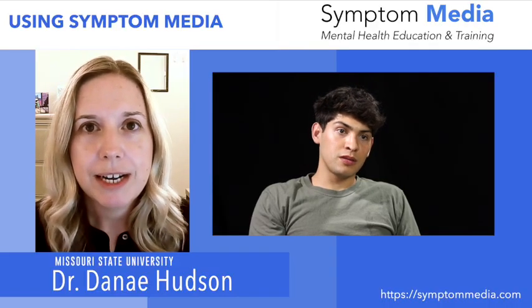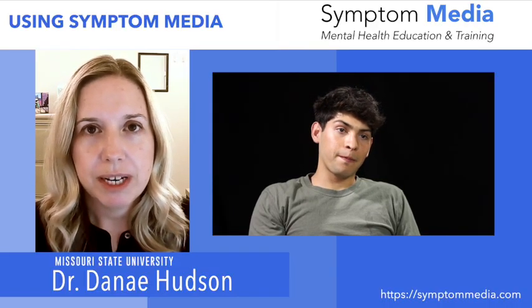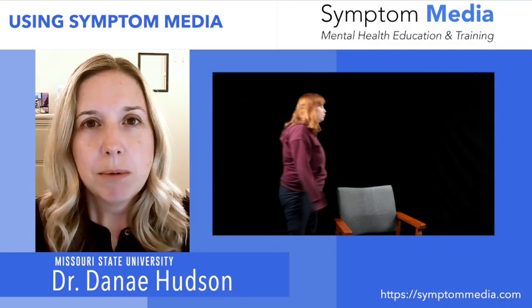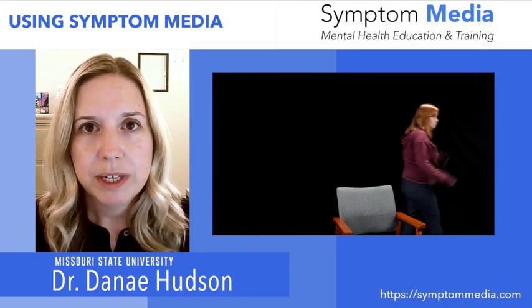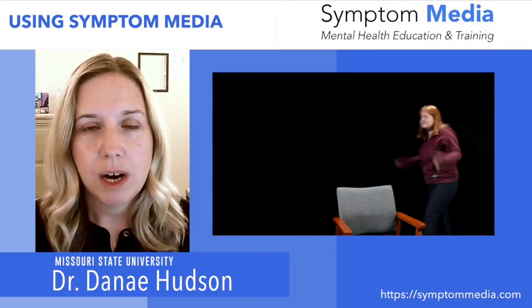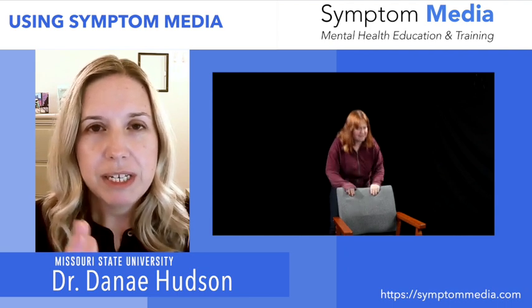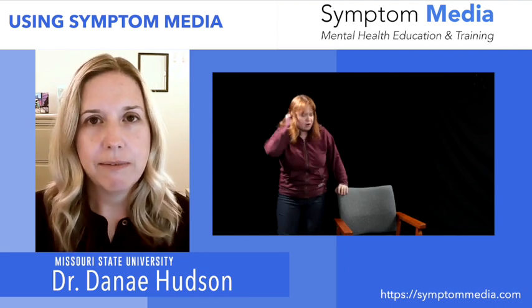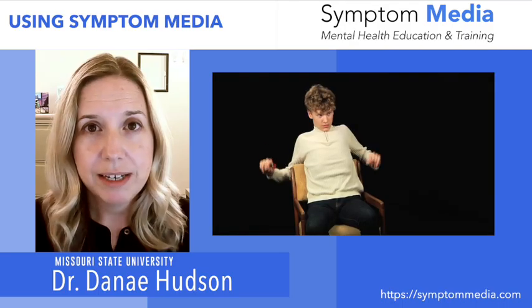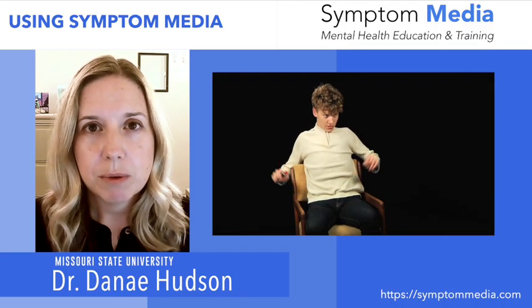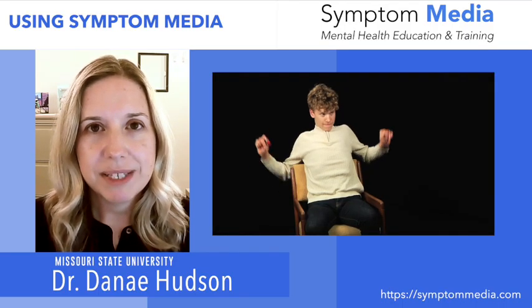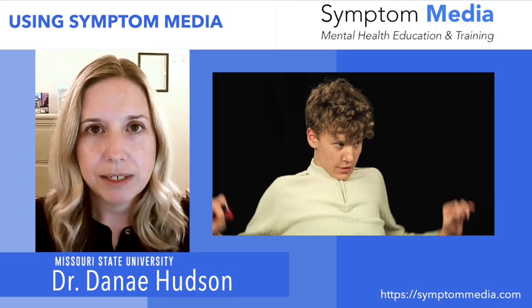One quick story, I would say this is for my undergraduate abnormal psychology class. Probably my favorite thing to do is when we get to autism spectrum disorders, is to show them the three different videos, and the level 1, level 2, and level 3 of autism spectrum disorder, because there is so much misinformation out right now about autism.